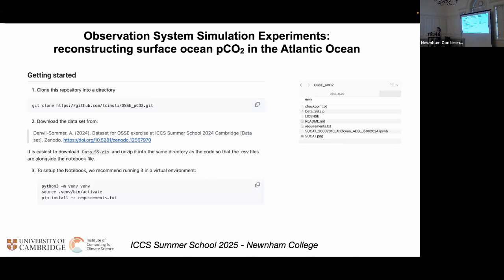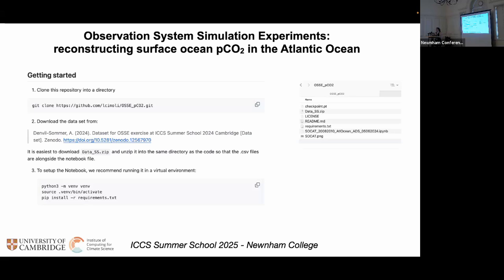But the data is stored somewhere else because it is not huge, but it is a significant size. The data will be the output from the NEMO-PISCES model, which is in another repository. I realized I did not put the link in Slack, but the link is copied in the GitHub repository, so you should be able to download that.